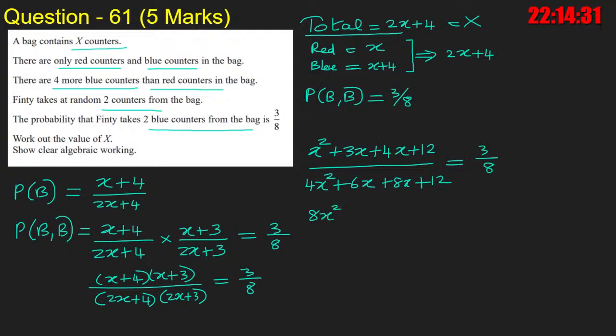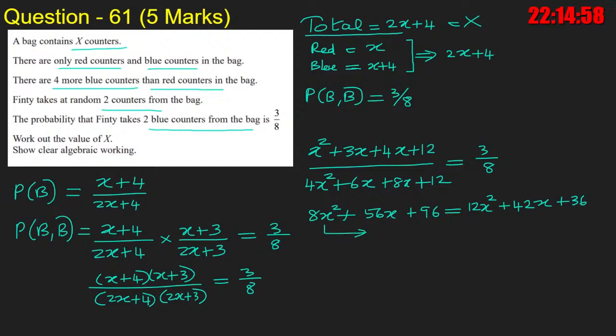So 8x squared plus 3x plus 4x is 7x, so 56x plus 96 equal 12x squared. 8 plus 6 is 14, 14 times by 3 is 42x plus 36. Now bring everything to one side.